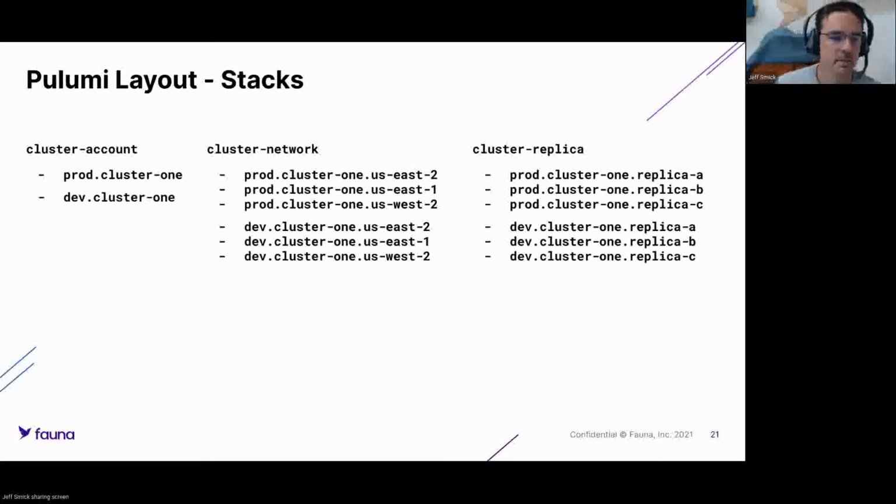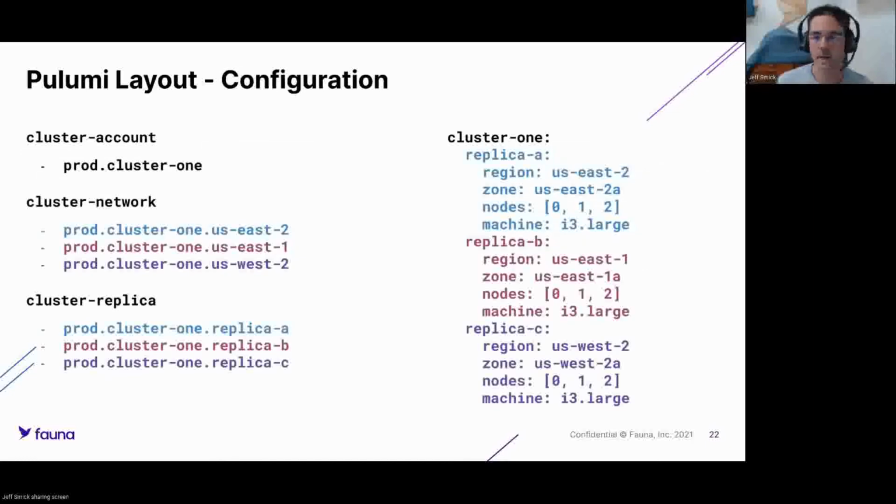And what this means is that we can use the names. We can split those names, in our case by the period, by the dot, and then reference back to our original configuration. So we can see here, the prod cluster can grab the main cluster configuration.